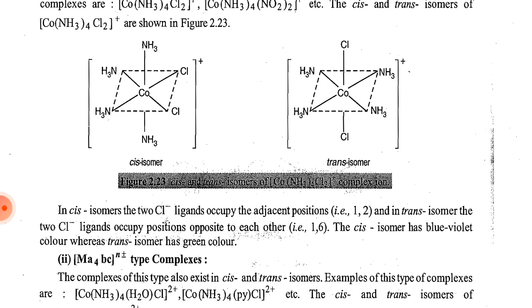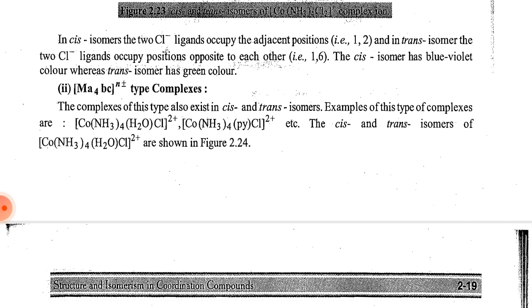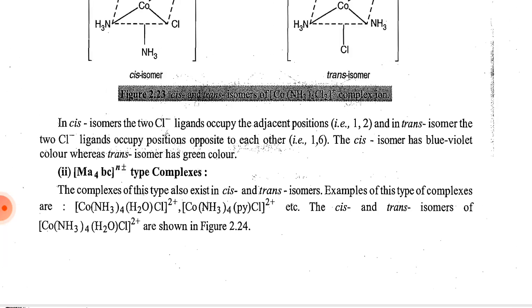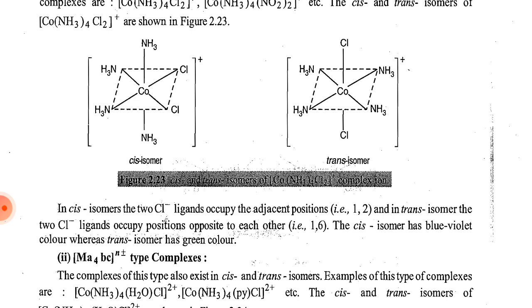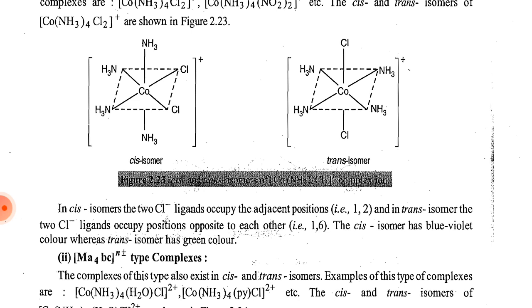In the trans isomer, the Cl are opposite to each other. So this cis form complex will show blue violet and the trans form will show green color.